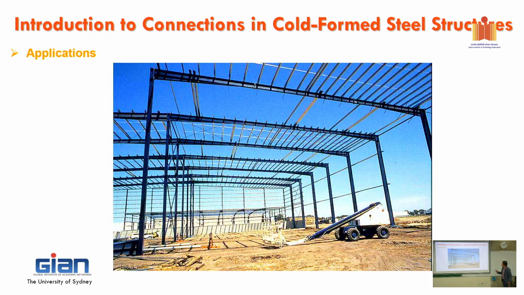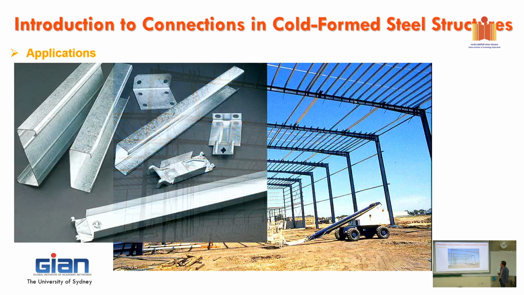Okay, so cold-form steel, as I introduced to you before, this is one of the very typical applications, the portal frame. And you can see all the components: this purlin, C section, Z section. This is super Z because we have a bit of stiffener, and you know why we put the stiffener already.